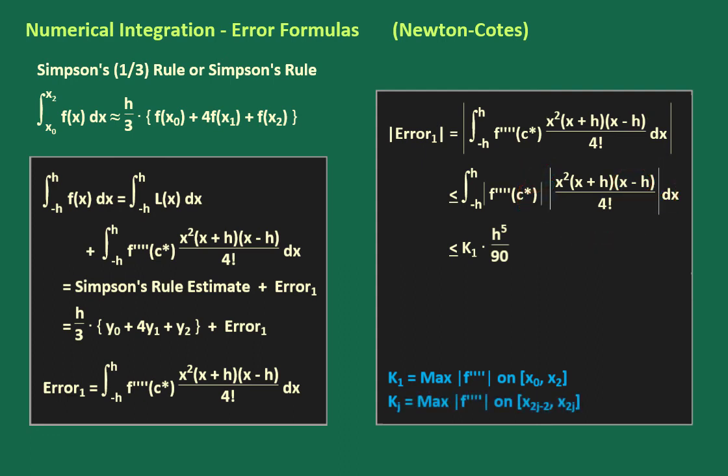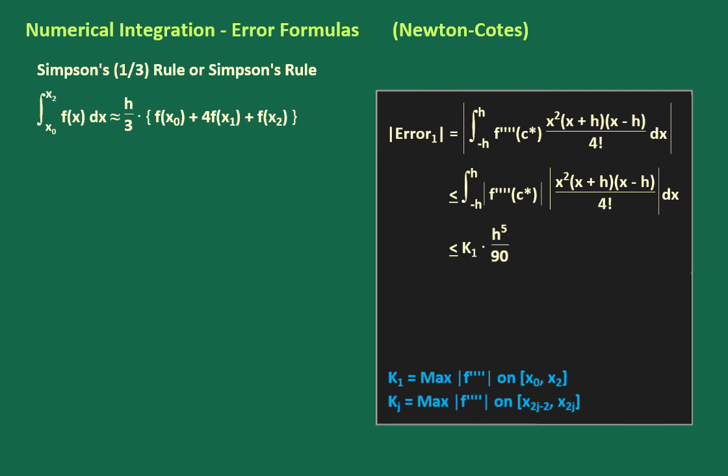In general, designating capital K sub j to be equal to the maximum of the absolute value of f quadruple prime on the interval from x sub 2j minus 2 to x sub 2j. Note that the index j for k is half that of the index of this endpoint. Remember, we are taking two subintervals at a time.